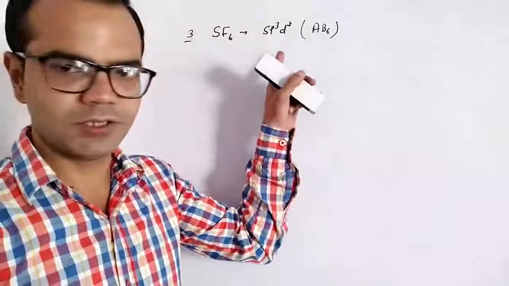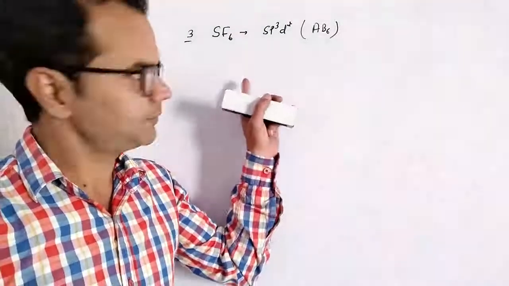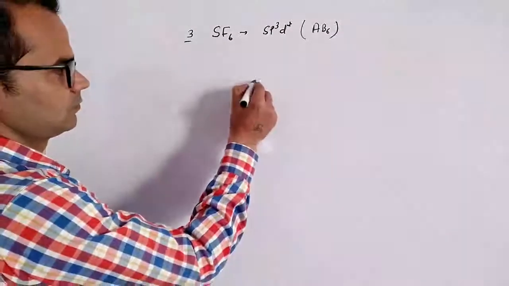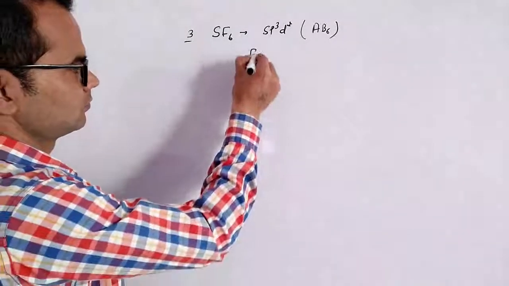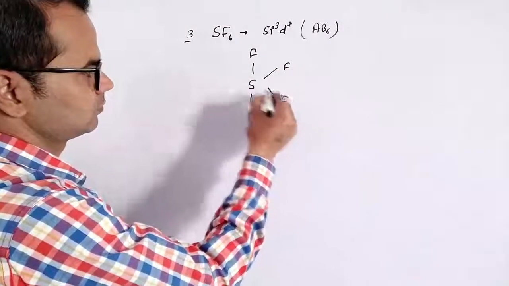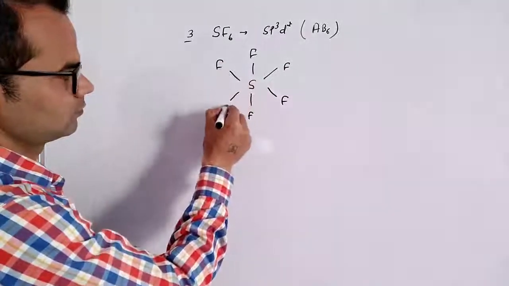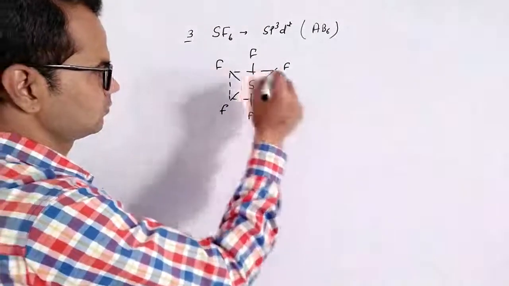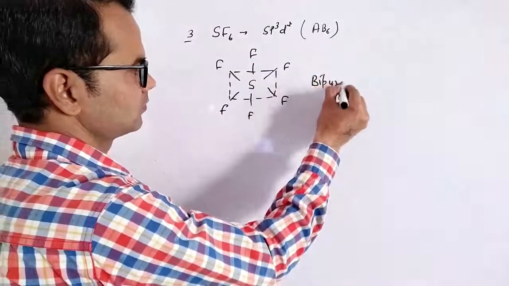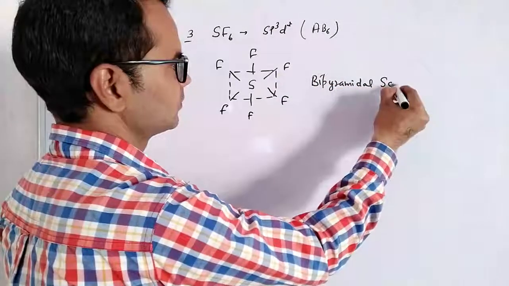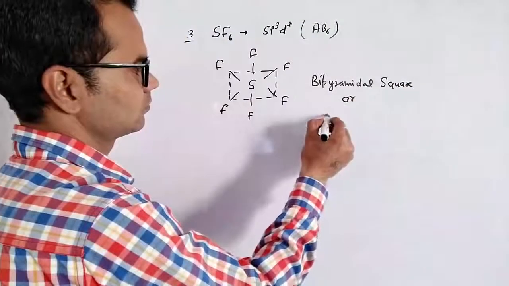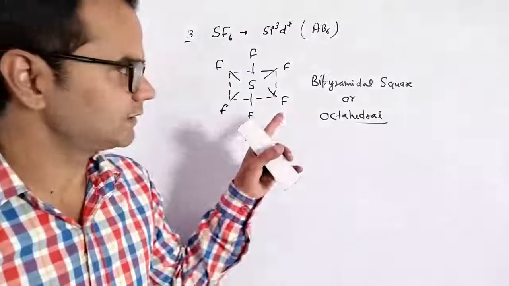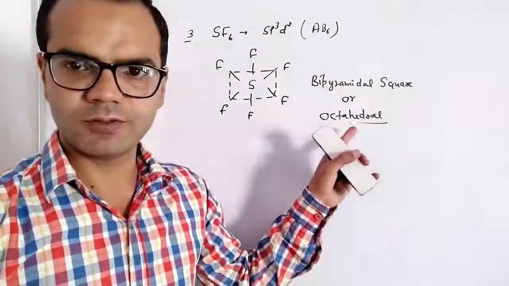For AB6, for sp3d2, the geometry is octahedral. So SF6 geometry is octahedral.